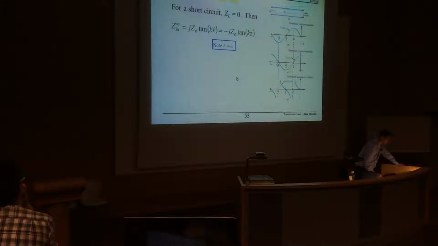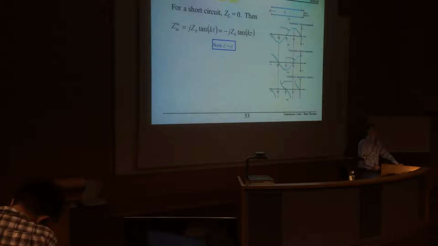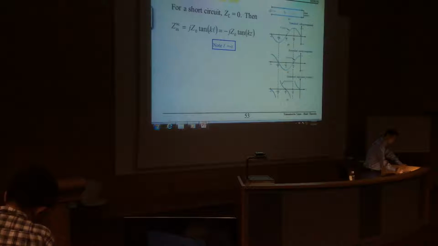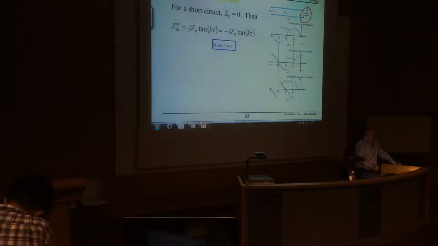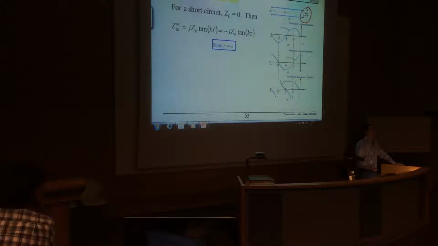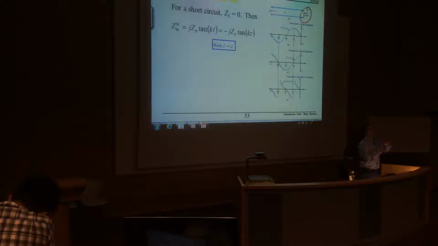Another special case is the short circuit. How can we achieve a short circuit in practice? For instance, with a planar transmission line, we just make a hole and then fill it with metal.